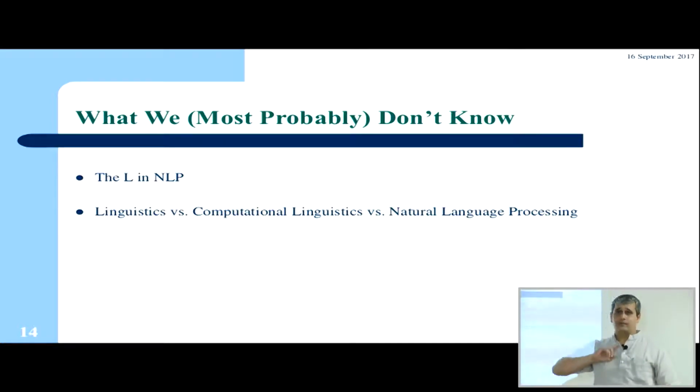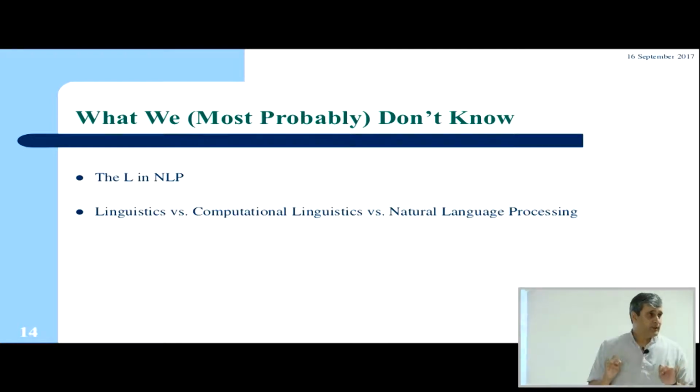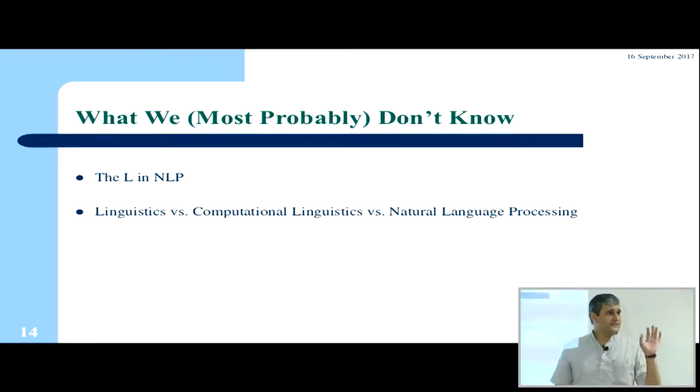And often we see people confusing between three concepts: linguistics, computational linguistics, and natural language processing. So I'll just take a brief overview of that. So linguistics is theoretically defined as the scientific study of language.